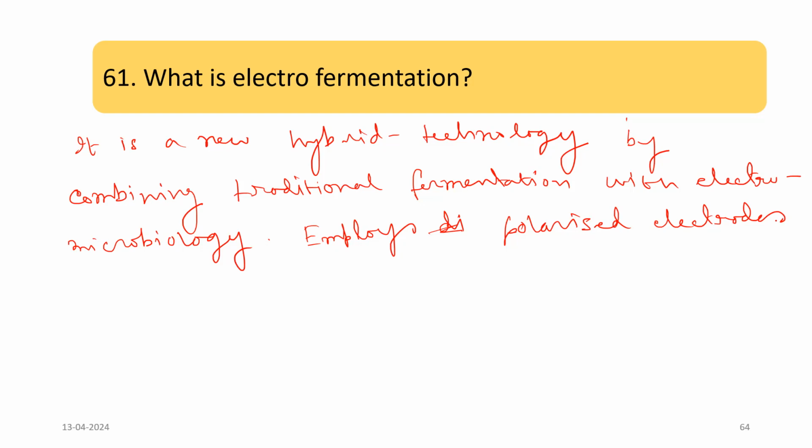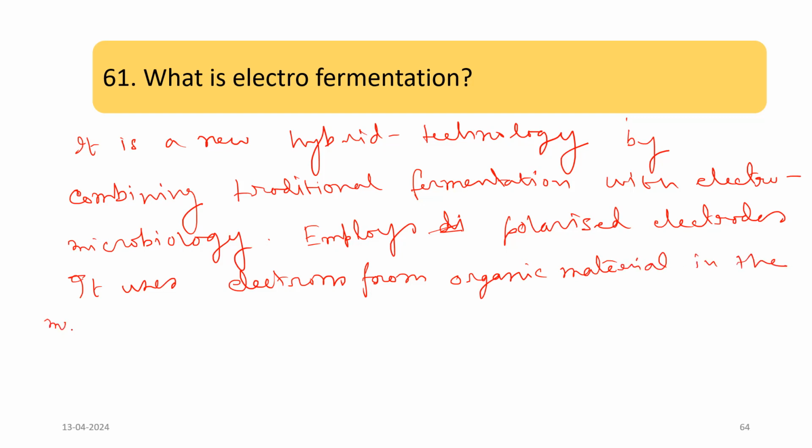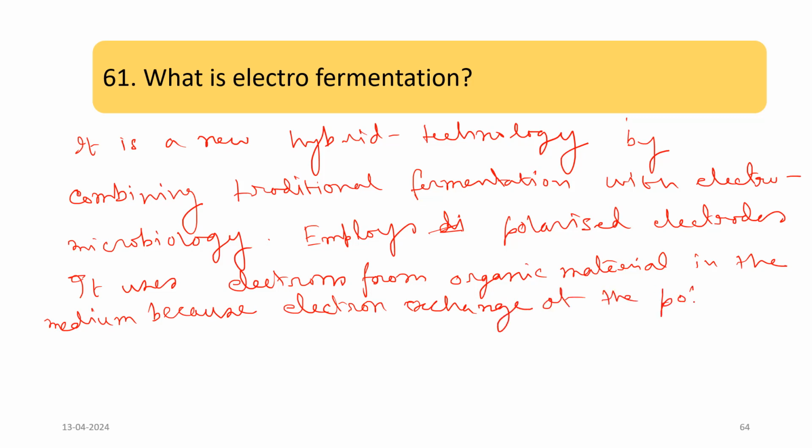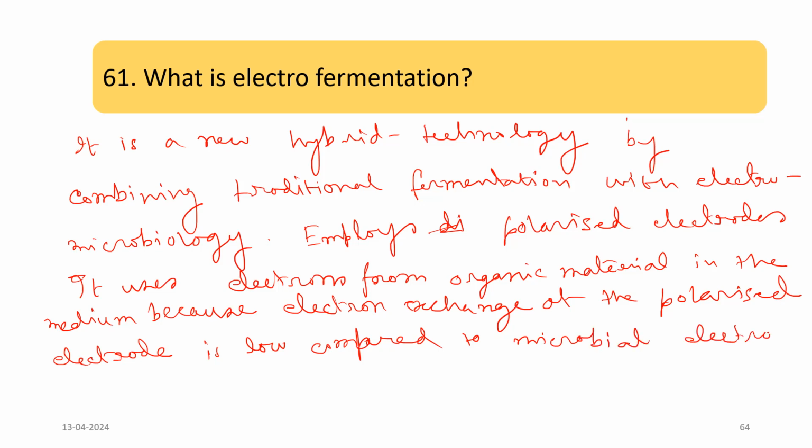Okay, so electrofermentation uses electrons from organic material in the medium, because electron exchange at the polarized electrode is low compared to microbial electrosynthesis.